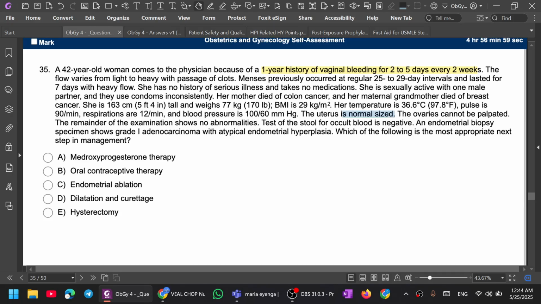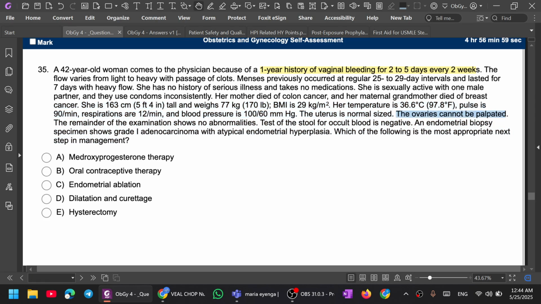The ovaries cannot be palpated. The remainder of the examination shows no abnormality. Test of the stool for occult blood is negative. An endometrial biopsy specimen shows grade 1 adenocarcinoma with atypical endometrial hyperplasia. Which of the following is the most appropriate next step?